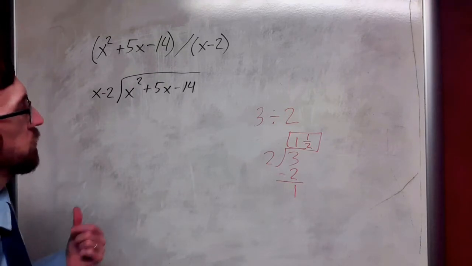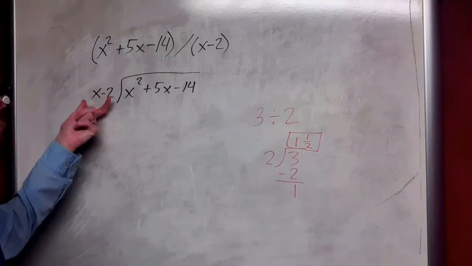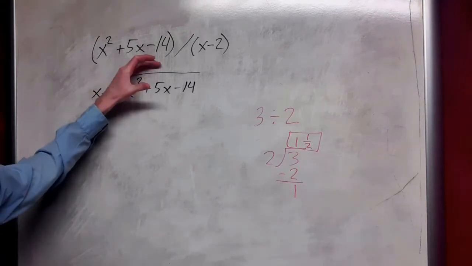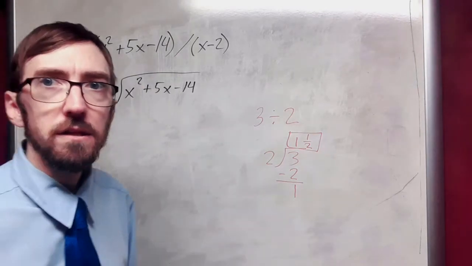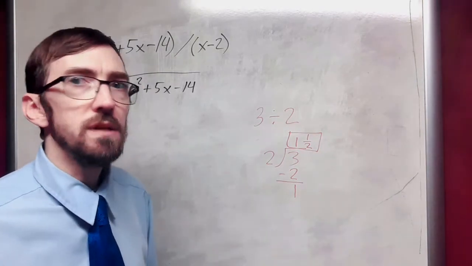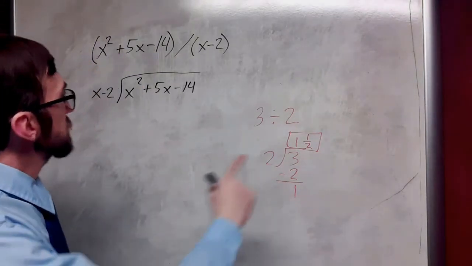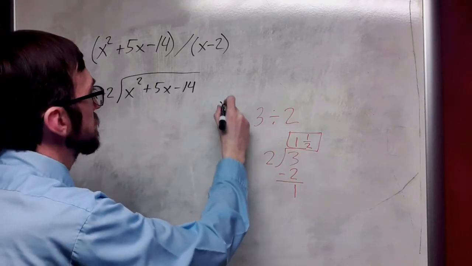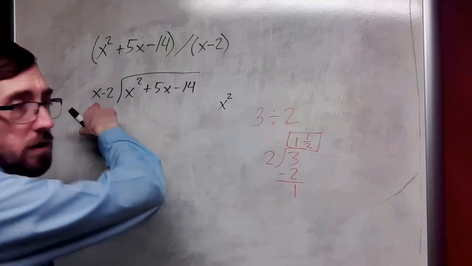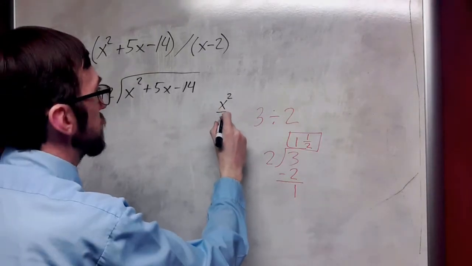And since we don't know multiplication facts about what this times some number is that's going to give us polynomials like this, we have a technique for finding the terms that we need. We will take the first term from the inside polynomial, and we will divide it by the first term of the outside polynomial.